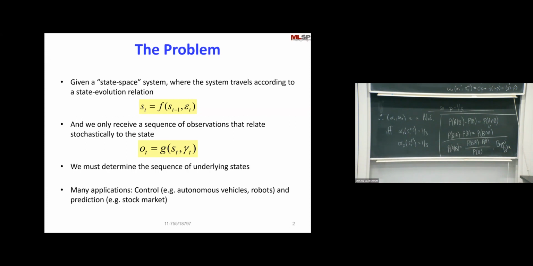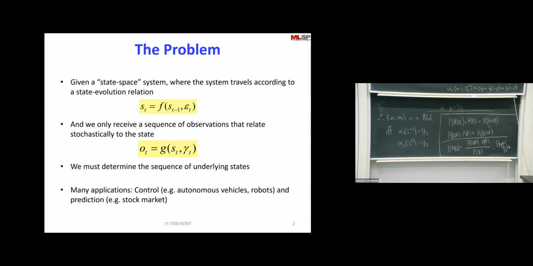Okay, so here was the problem. We're going to continue with Kalman filtering. The problem was this: you were given a state space system where there was an underlying state that this process followed, and this was an evolving state.